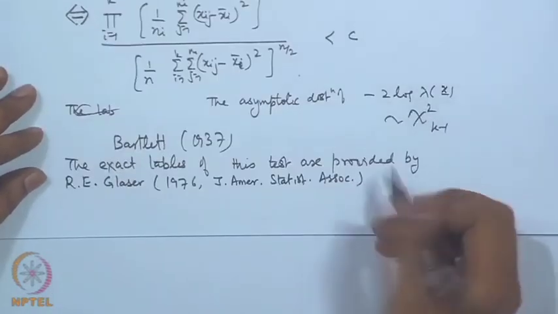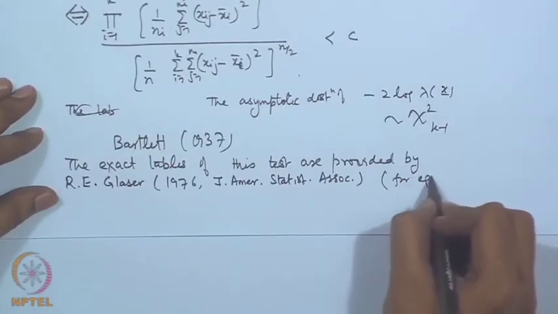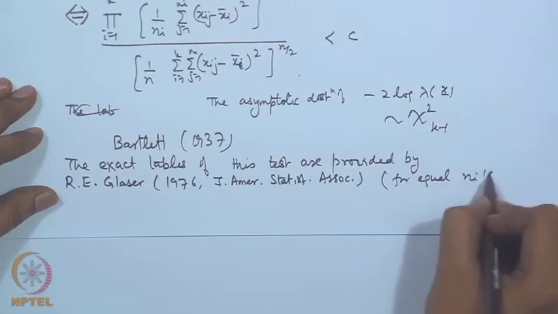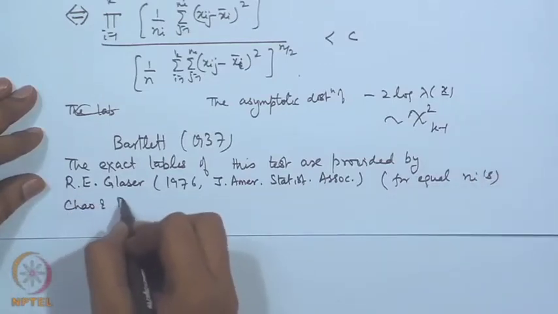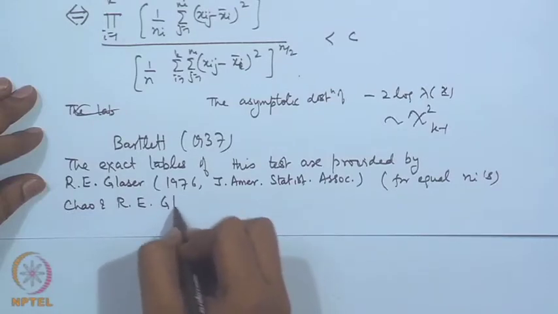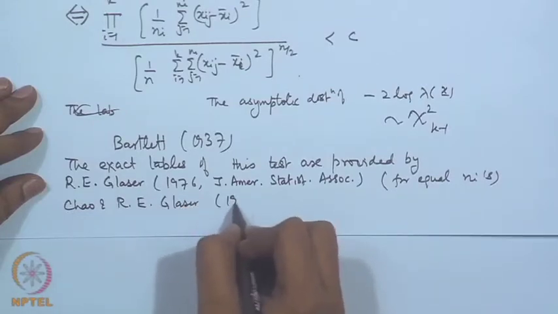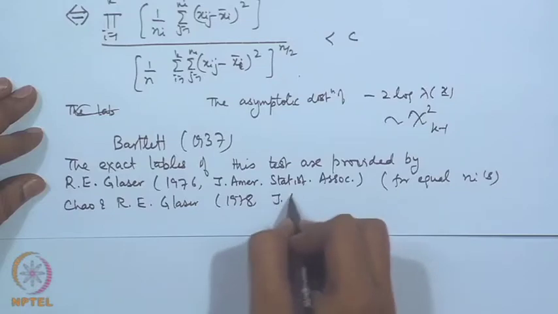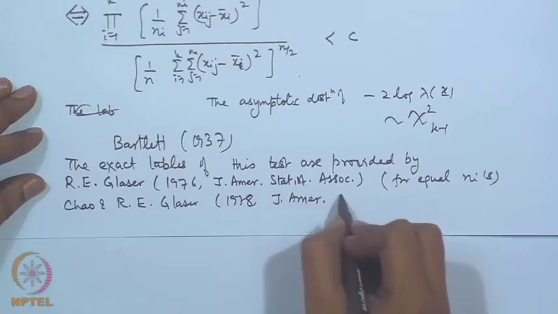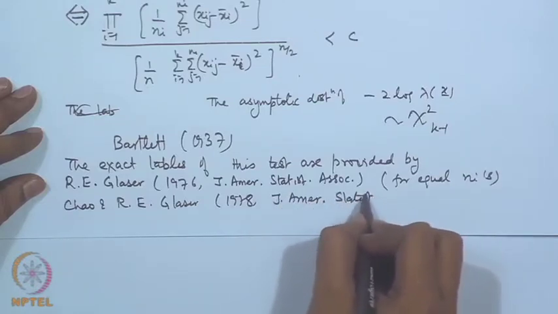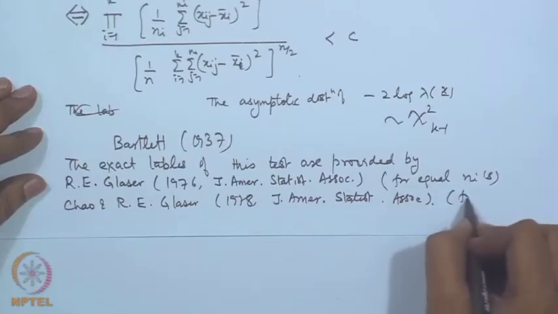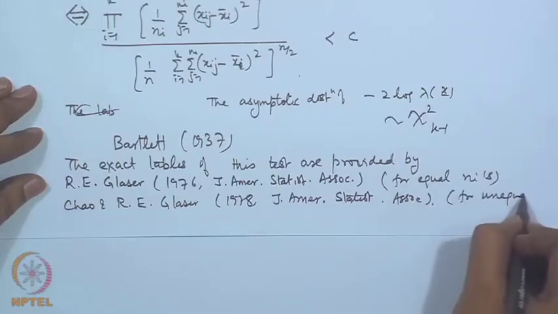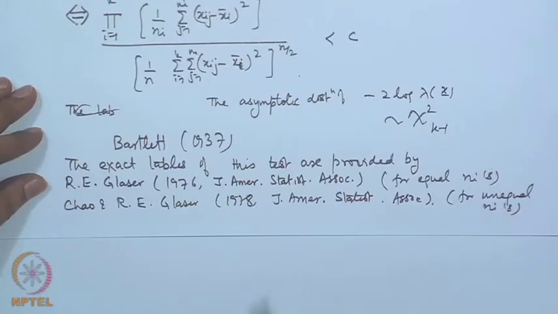This part he considered for equal sample sizes, and for unequal sample sizes Chow and R. E. Glaser in 1978, Journal of American Statistical Association. This is for unequal n_i's.